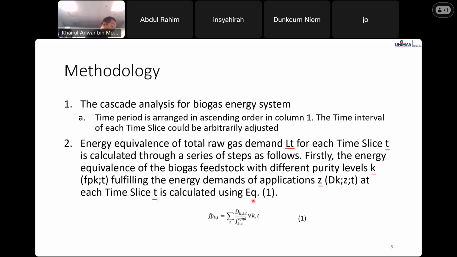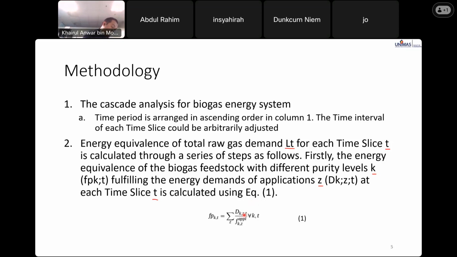D is the energy demand of application Z deploying purity level K, D_KZ, putting a specific example of biogas purity level K. I'm referring to table 1 in this paper on page 106.